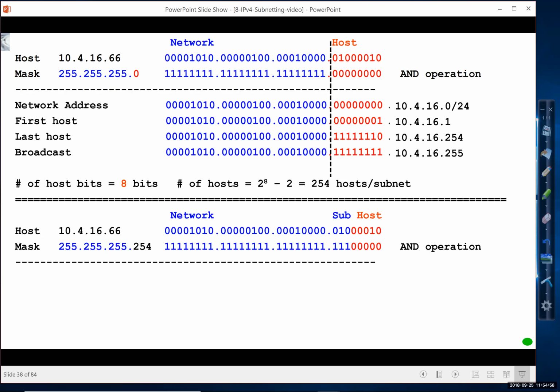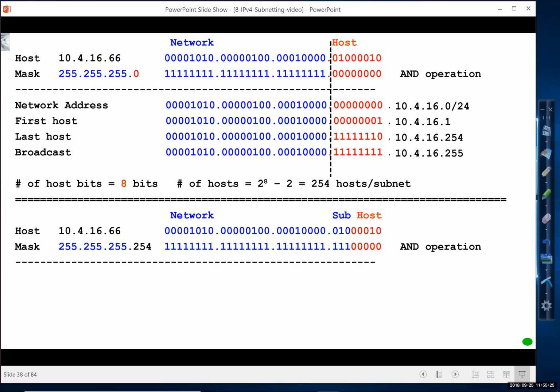We have this host, same host IP address, but let's say we want to take this network and actually subnet it. Take the 254 usable hosts, 256 total addresses on that subnet, and divide it into smaller subnets.